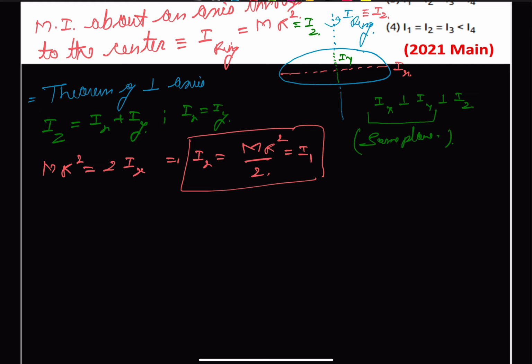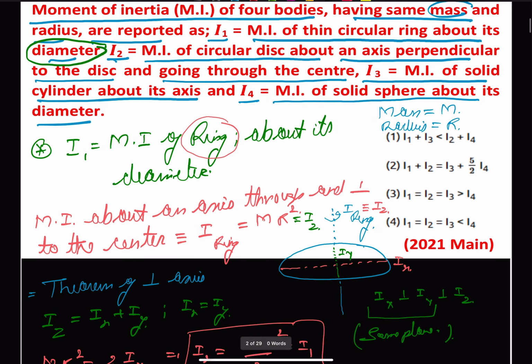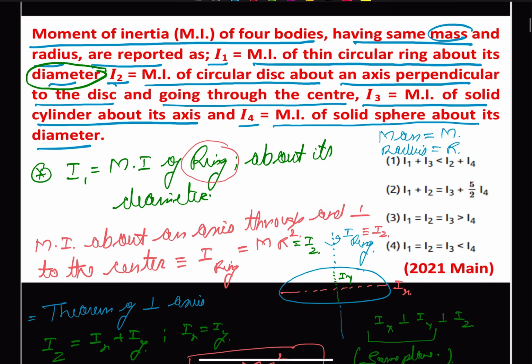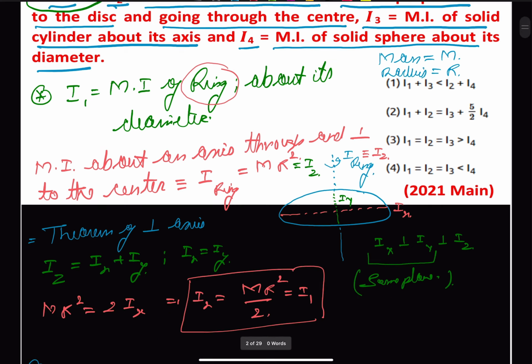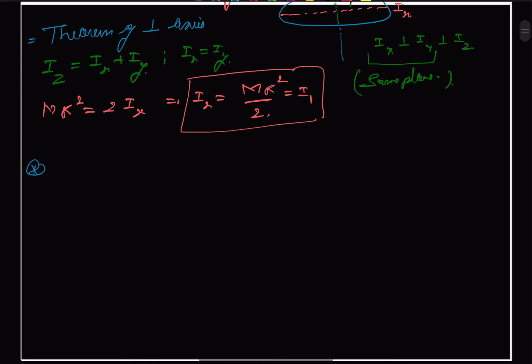We come to the next body, I2, the circular disc with the axis perpendicular to the disc and going through the center.